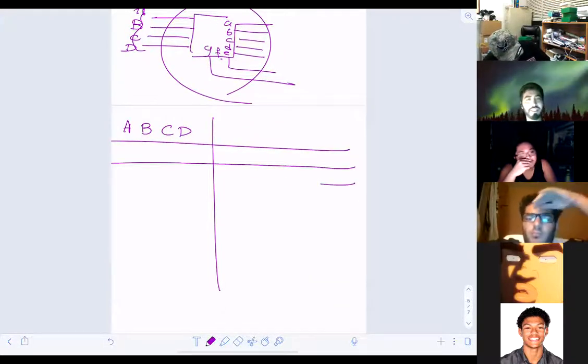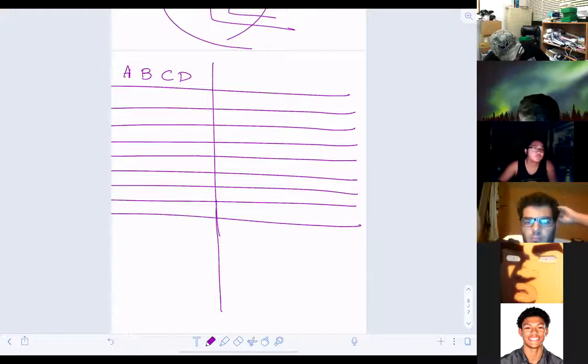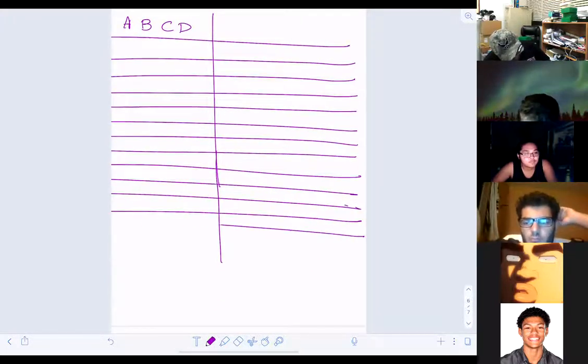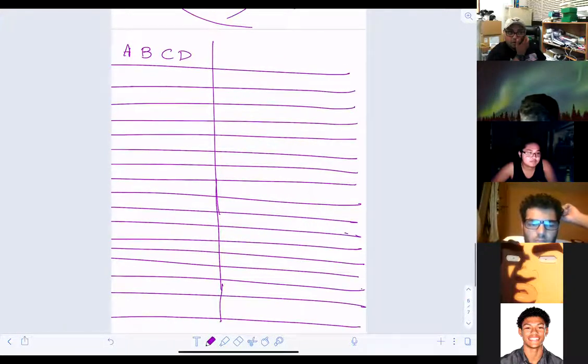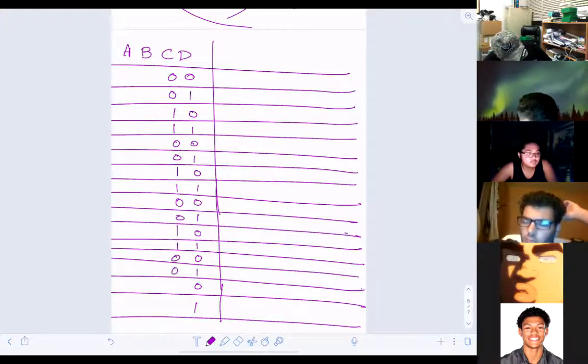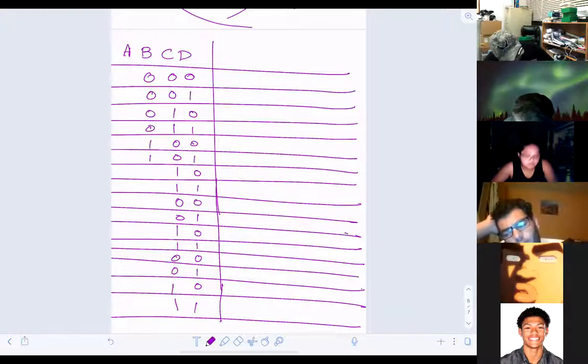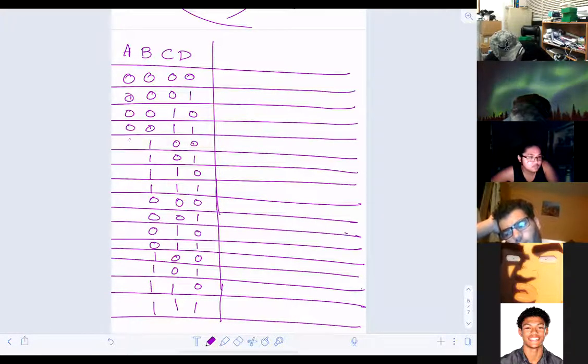So it's gonna be 1, 2, 3, up to 16, right? We make the truth table columns here, counting 0, 1 and so on. You agree?